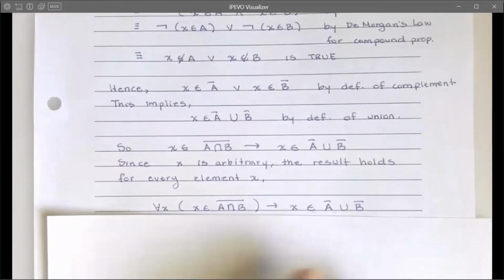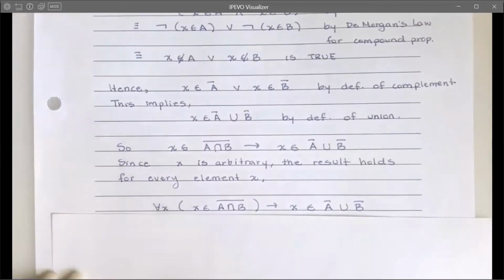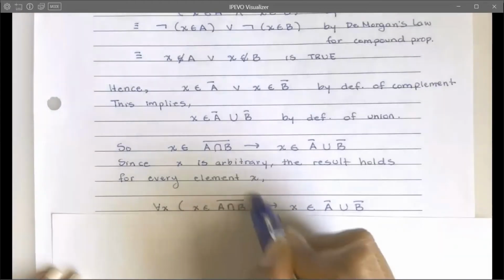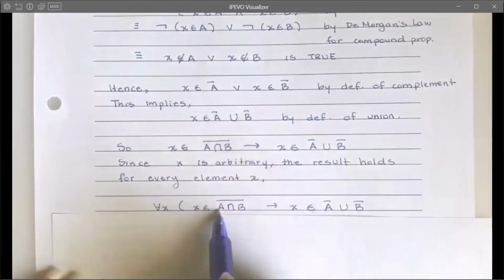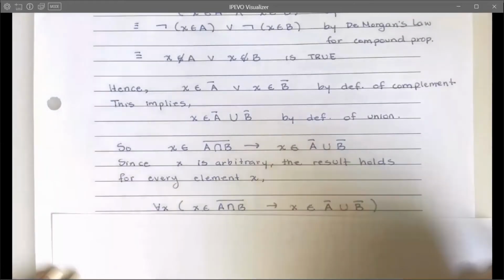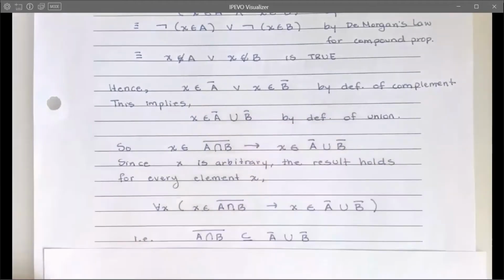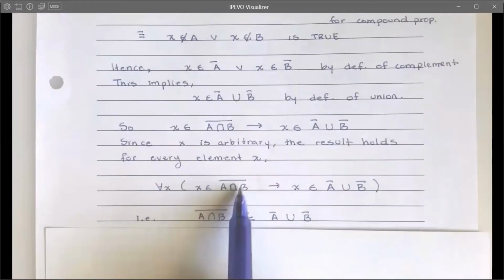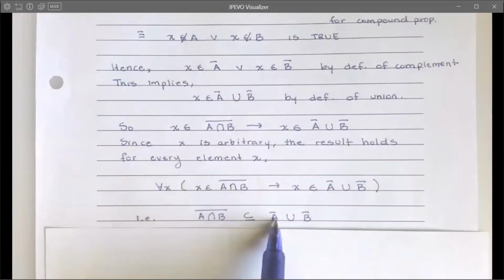So that means that for any x, if, and I misplaced this parenthesis, if x is in (A intersect B) complement, then x will be found in A complement union B complement. That is the definition of subset. Okay? That shows that (A intersect B) complement is a subset of A complement union B complement.